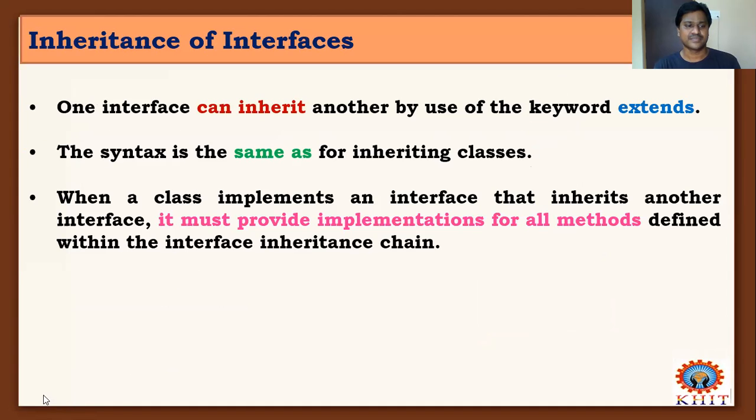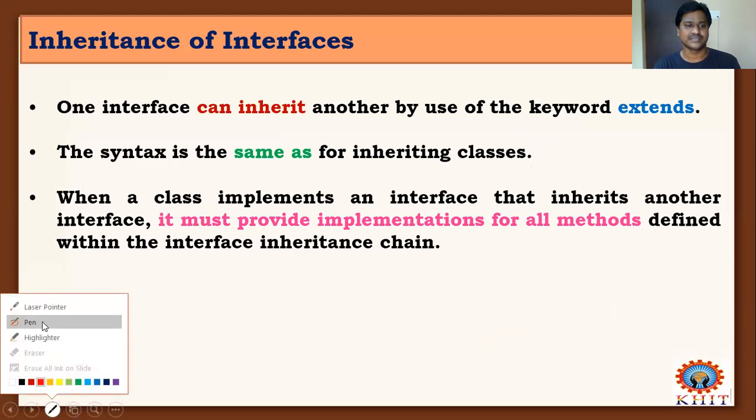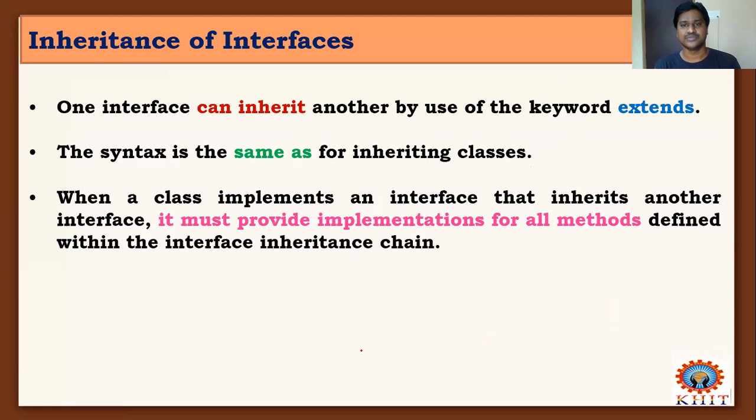And here it is. One interface can inherit another by use of the keyword extends. Up to now, about these interfaces, we learned how to inherit the properties or how to implement the interfaces by the different classes. And now we are going to see that an interface can inherit another interface by using the keyword called extends.